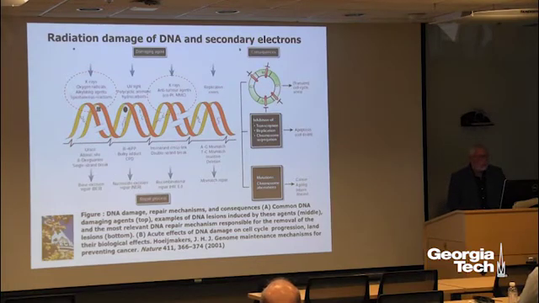This is an important slide here where it demonstrates a number of things that can happen when DNA interacts with radiation. I will focus mostly on the role that X-rays play in damaging DNA, but that's a little bit misleading. I won't talk about what the X-rays are doing specifically.